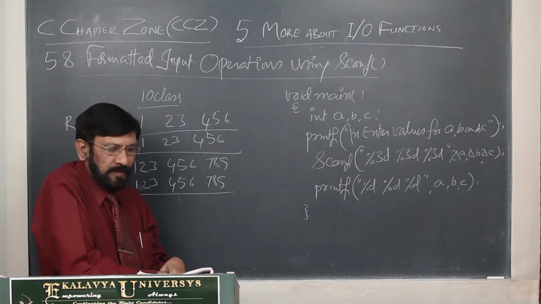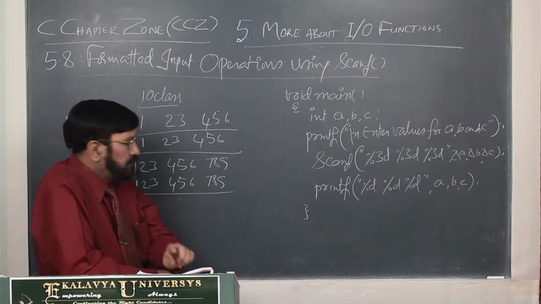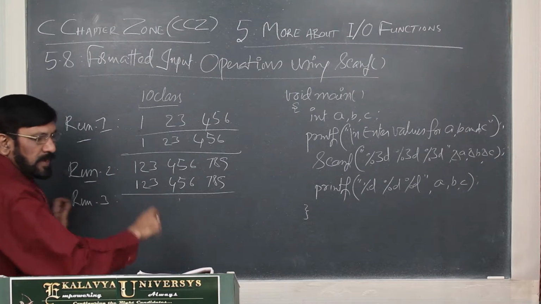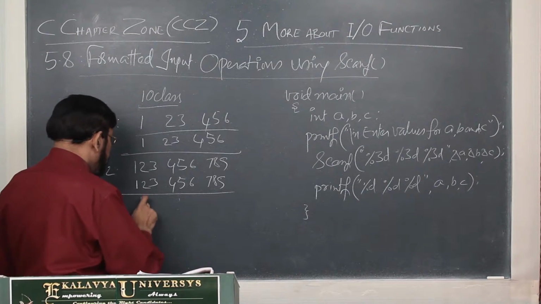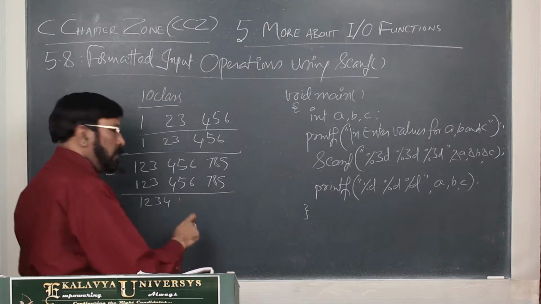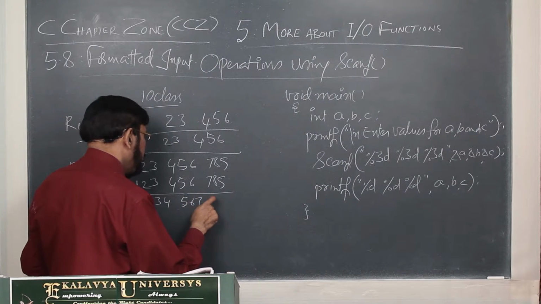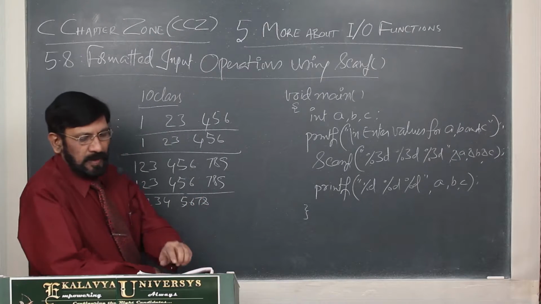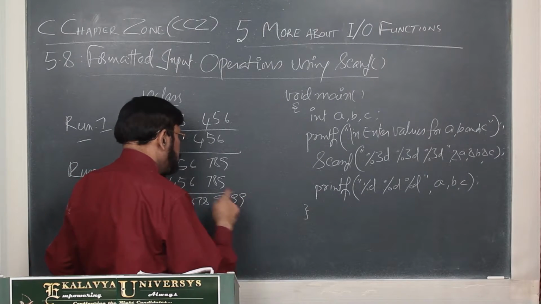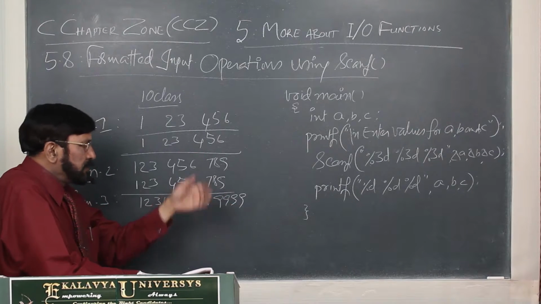Now in run 3, what are we giving? 1234 for A, 5678 for B, and four 9s for C. Now we are violating the principle.